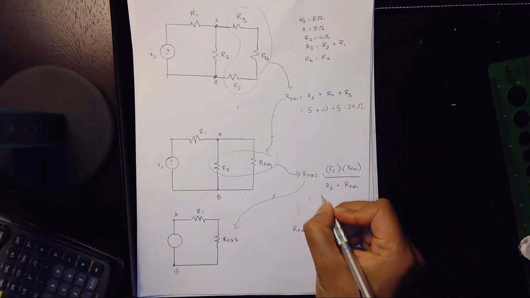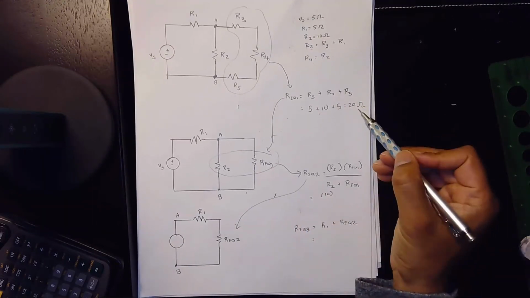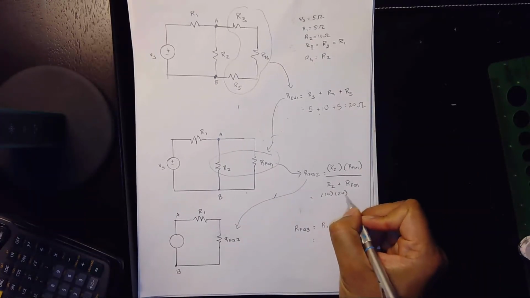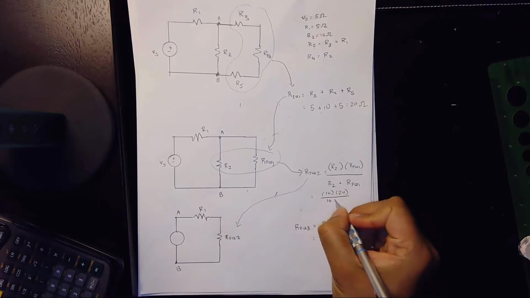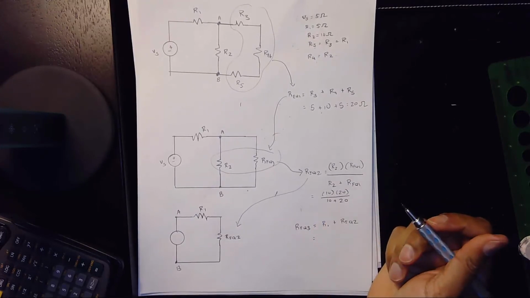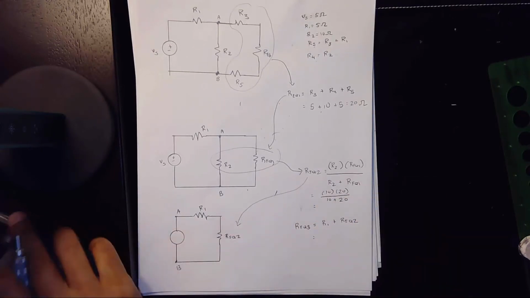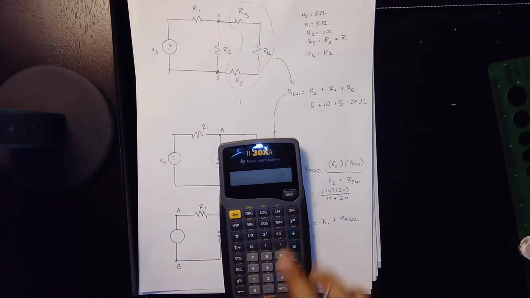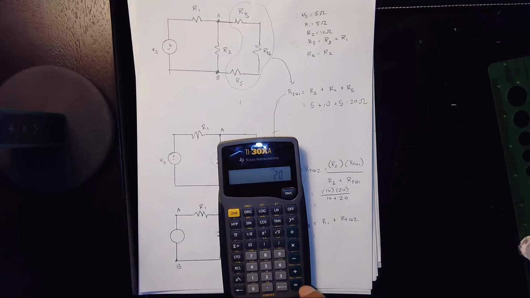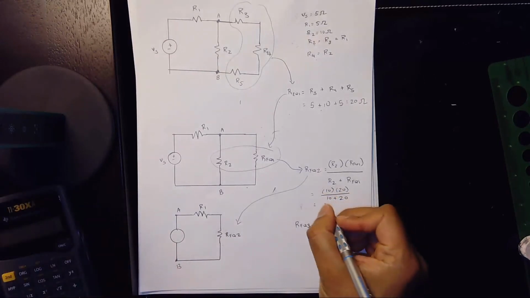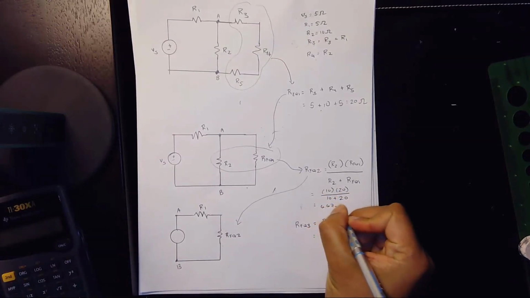So this is 10 times 20, REQ1, over 10 plus 20, which gives us what? That would give us 200 divided by 30, which is 6.67 ohms.